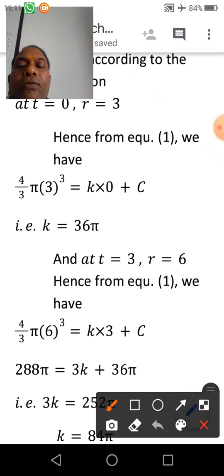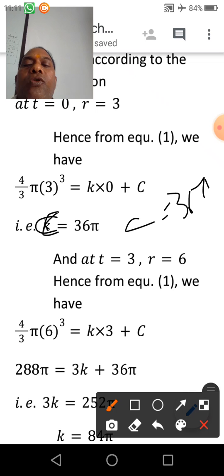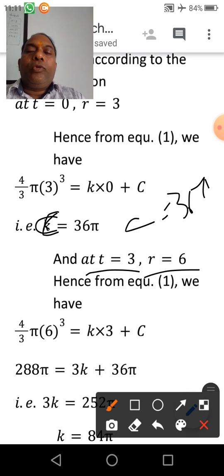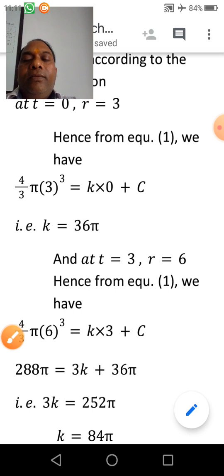So c will be equal to 36 pi. Now put the value of c and also t is equal to 3 when r is equal to 6, according to the question. Put the values of t, r and c in equation 1. Then we can find the value of k also.